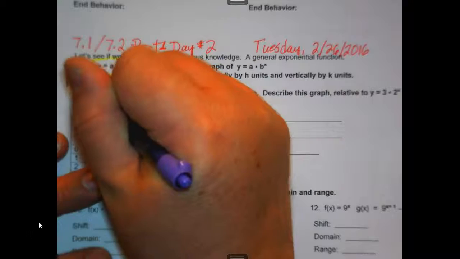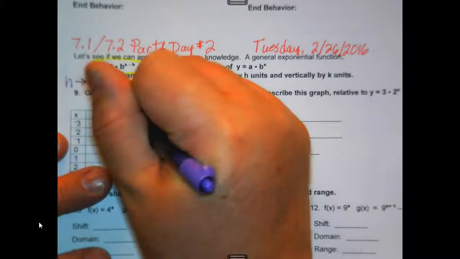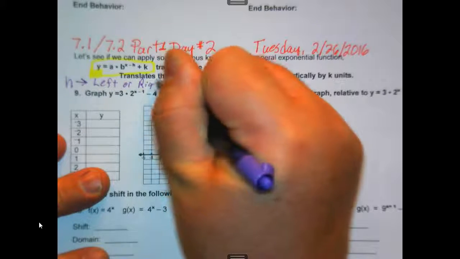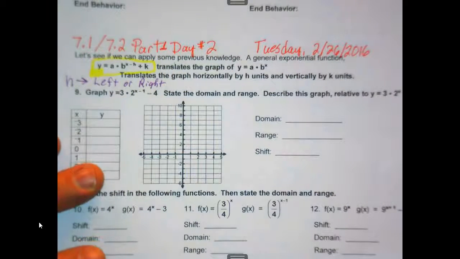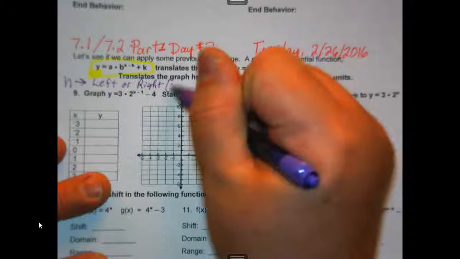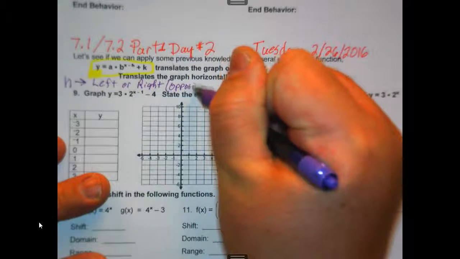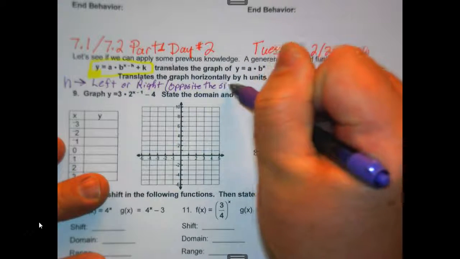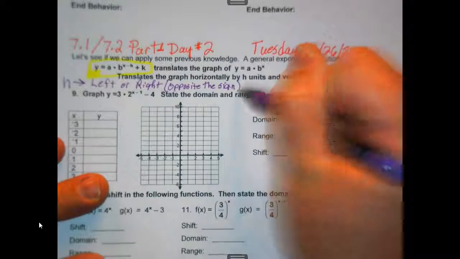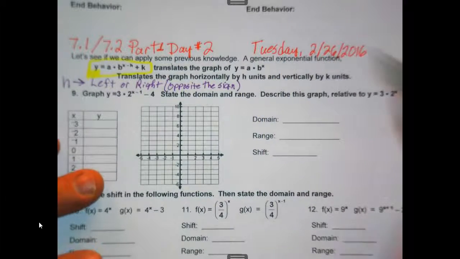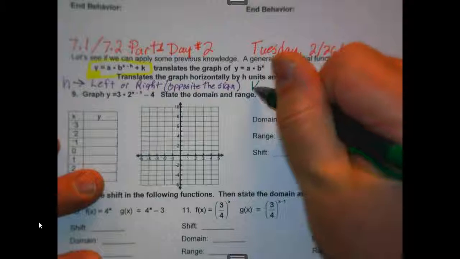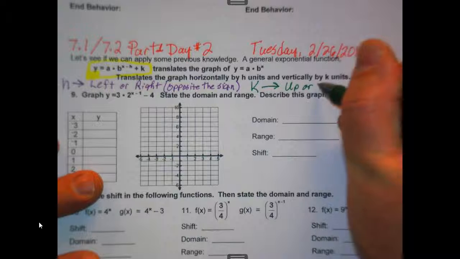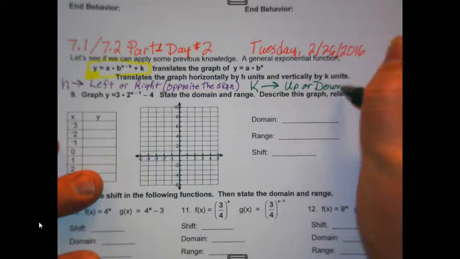My h tells us left or right, and it's opposite sign, right? And my k tells me what? Up or down. And it follows the sign, right?